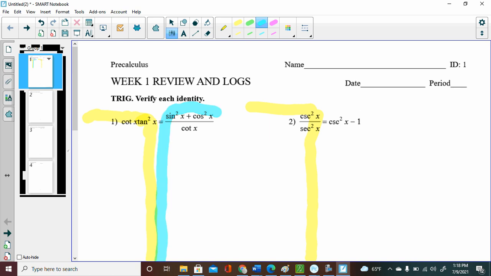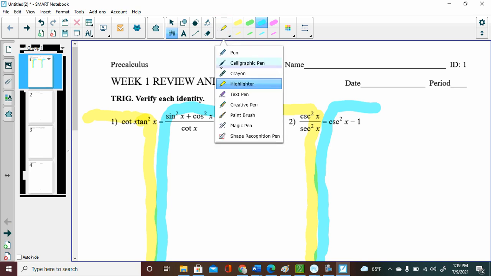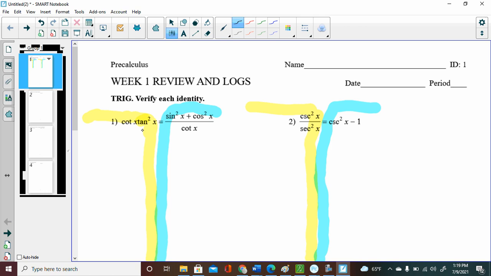You could work with either side, but the goal is to get back to basic identities or to get the same thing on both sides, right?